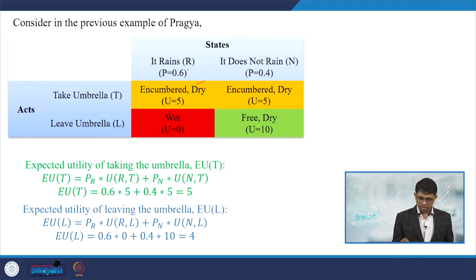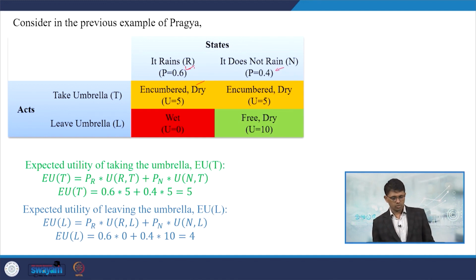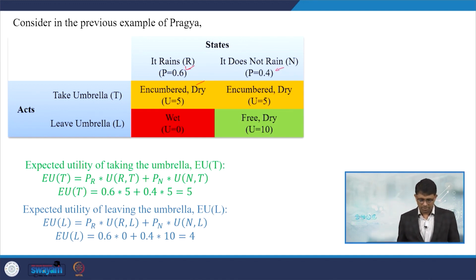We have already mentioned the probabilities for an arbitrary example: either it will rain or not rain, so it is 0.6 and 0.4 respectively. So, 0.6 times the outcome 5, plus 0.4 times 5. Okay, so this is defined to be 5.